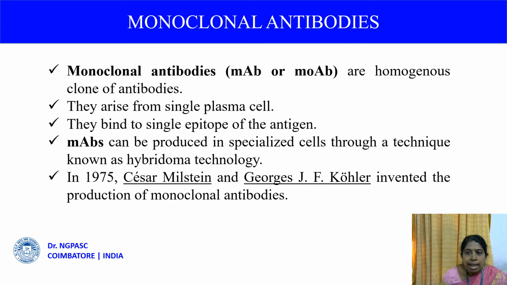Monoclonal antibodies are a homogeneous clone of antibodies that arise from a single plasma cell and bind to a single epitope of the antigen. These monoclonal antibodies are produced in a specialized cell through a technique known as hybridoma technology. The production of monoclonal antibodies was first introduced in the year 1975 by Cesar Milstein and Georges J.F. Kohler.